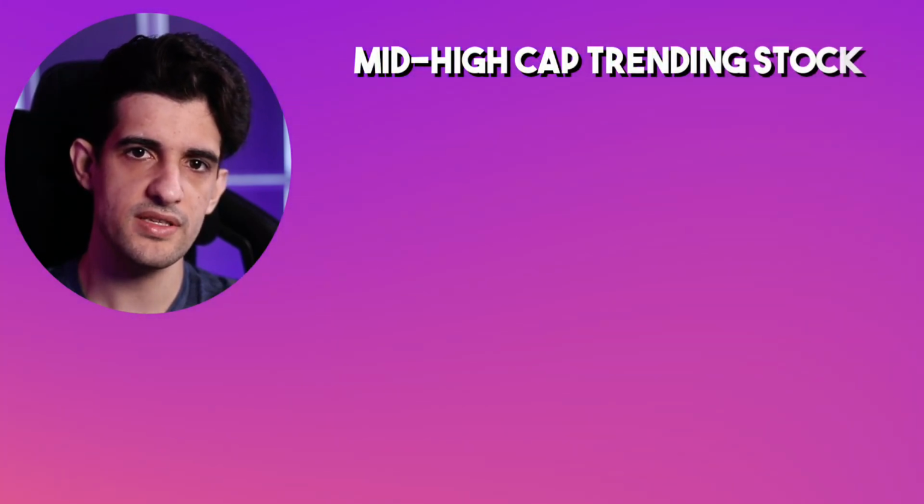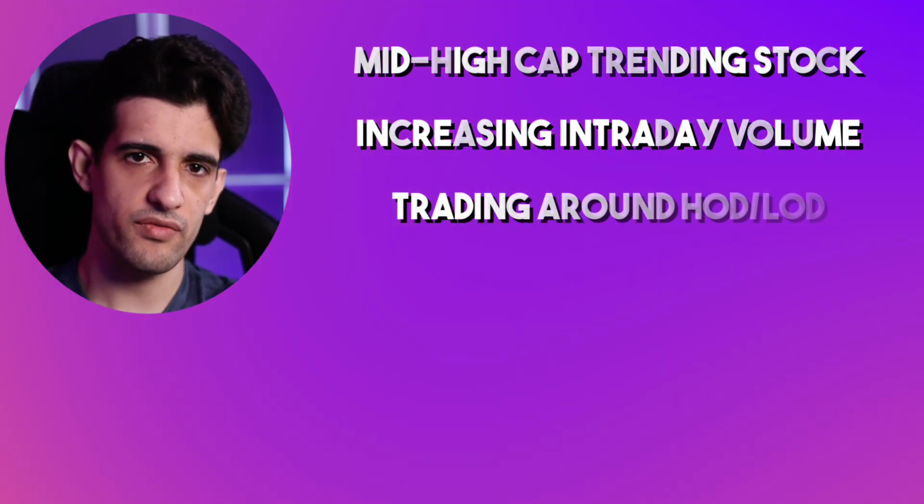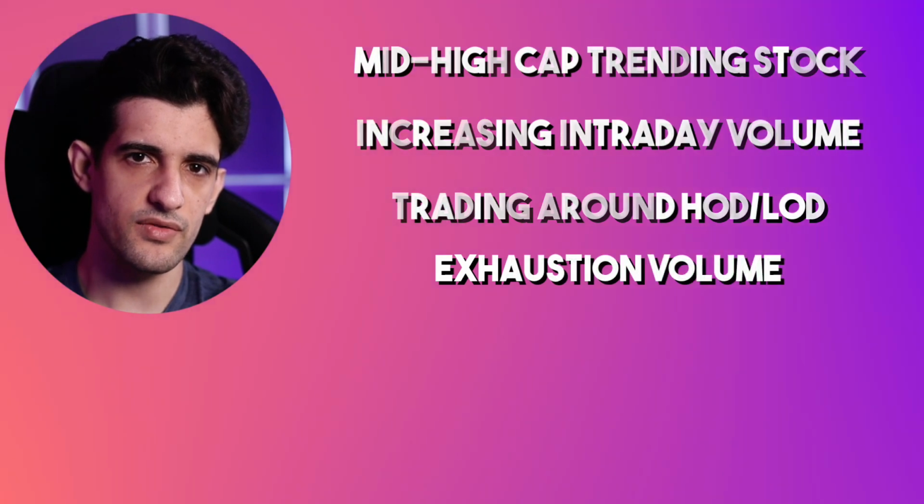So that's it, guys. This is a pretty simple strategy. All you need to do is find a stock that is trending without any single pullbacks. This stock should be a mid-cap or high-cap stock that is trading in an increasing volume today. It should be sitting around the high of the day or around the low of the day. You need to see a final push with an increasing volume.